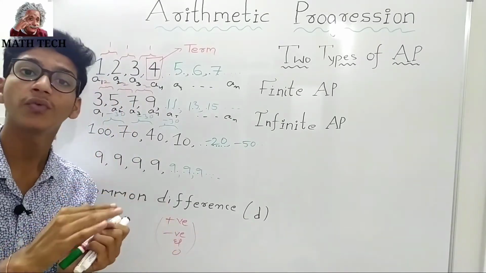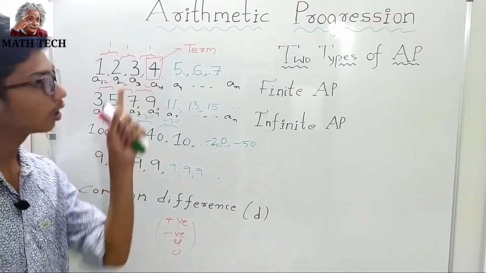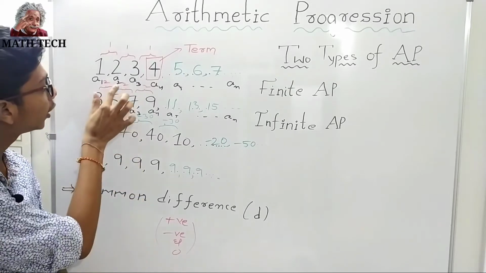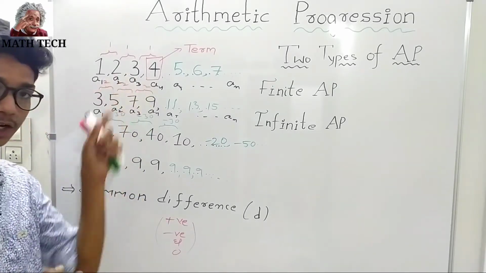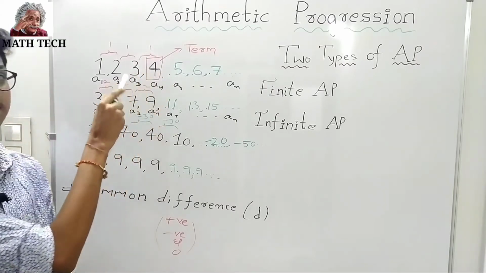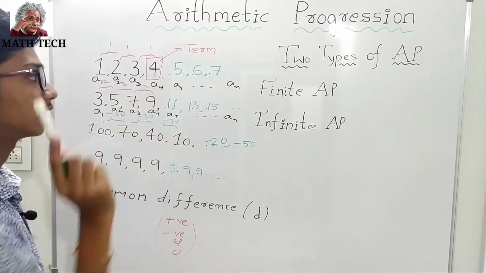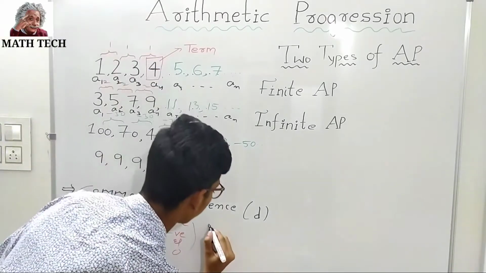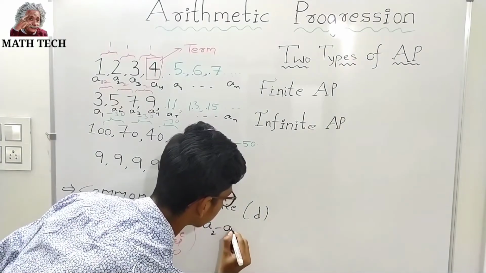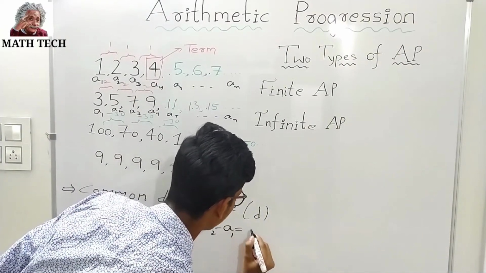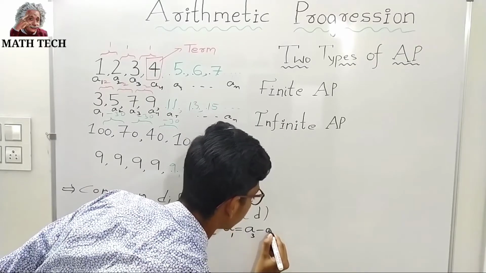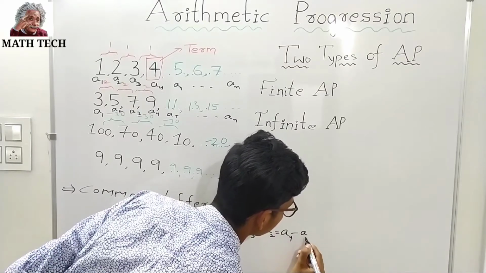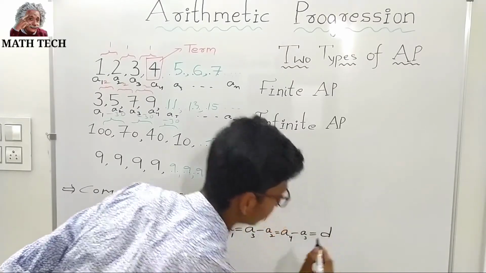The difference between any consecutive numbers is the common difference: a2 minus a1, a3 minus a2, a4 minus a3 and so on. So a2 minus a1 is equal to a3 minus a2, is equal to a4 minus a3, is equal to the common difference d.